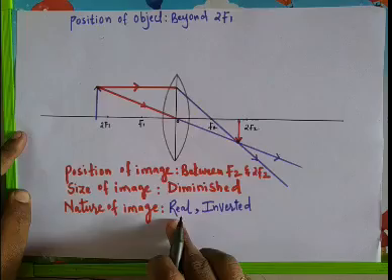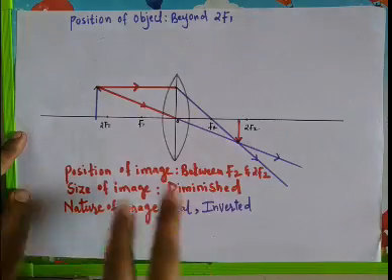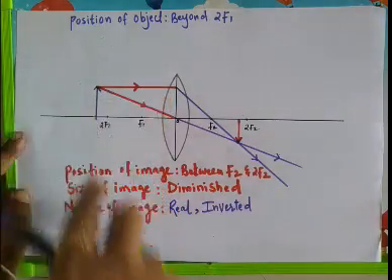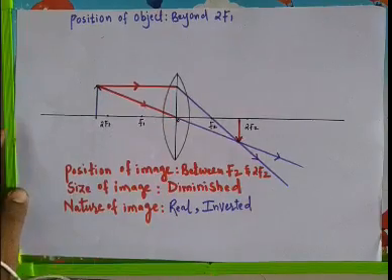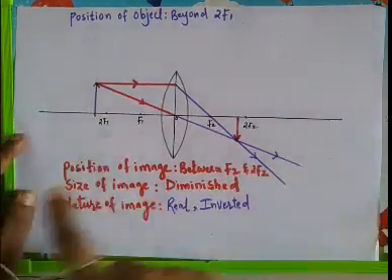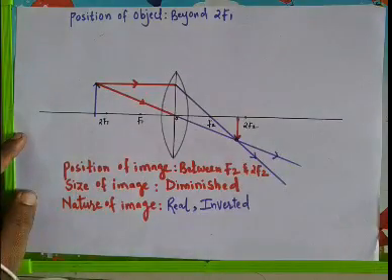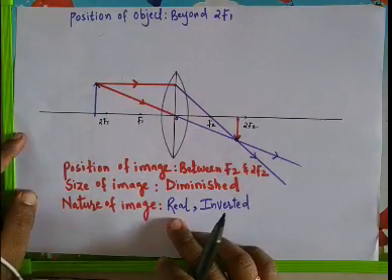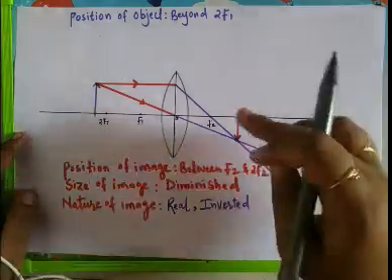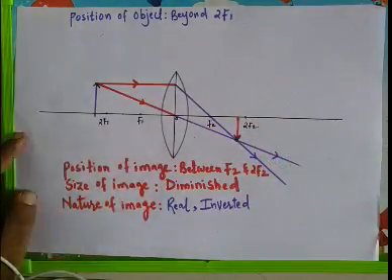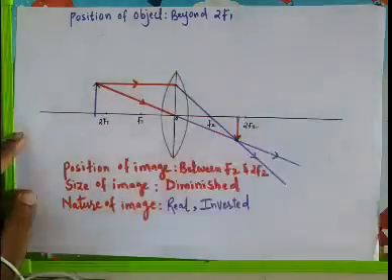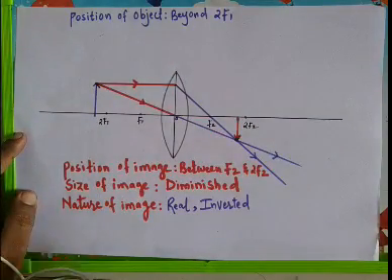Image could be real or virtual. If the object and image are on the same side, then it would be virtual image. And if an object and image are on the other side of the lens, then it would be real image. Okay, if object and image both are above the principal axis or both are below the principal axis, then it would be erect image.